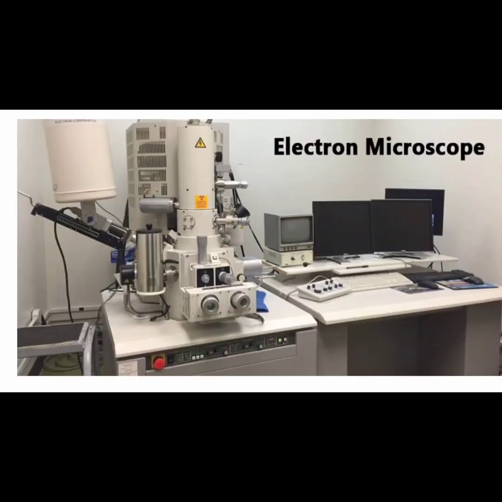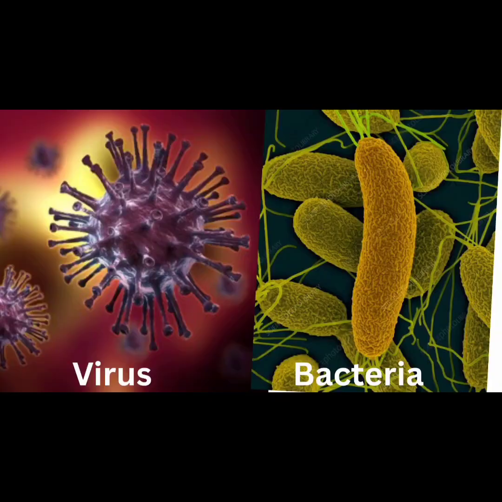This is the picture of the electron microscope, and these are pictures captured from electron microscopes. The left one is a picture of a virus and the right one is a picture of bacteria. So more detailed structural versions of the objects are visualized with the discovery of the electron microscope.